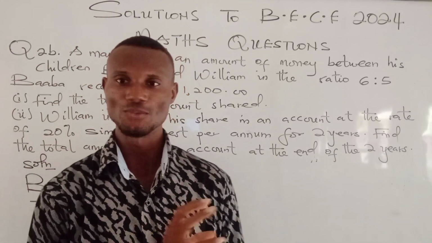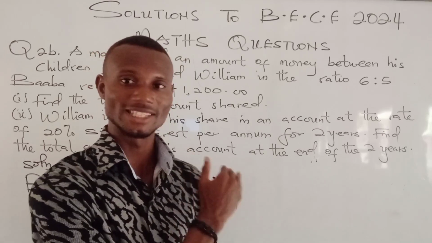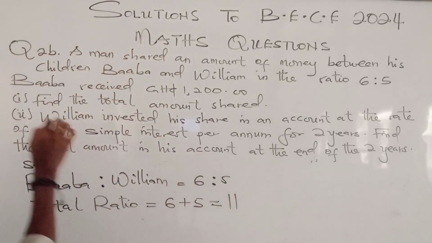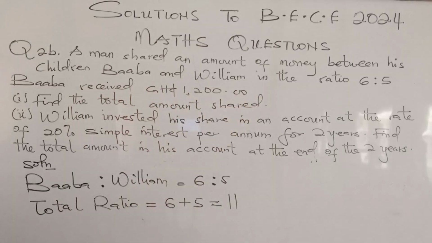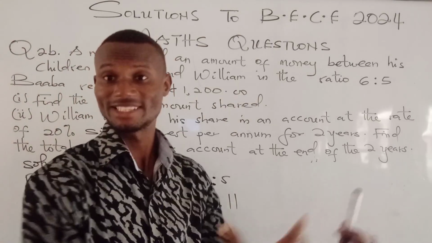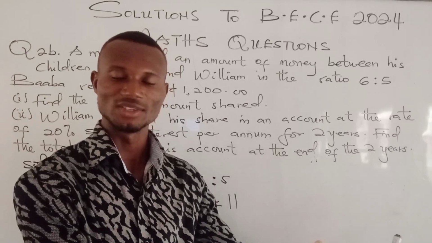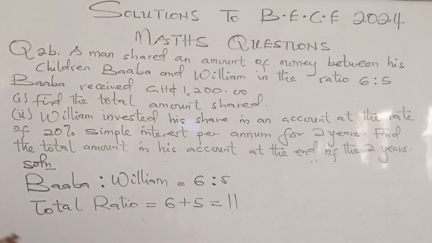I hope you agree with me. We are writing down all the given information from the question. It says that Baba received 1,200 Ghana cedis. So that will be Baba's share, or the amount that Baba received.